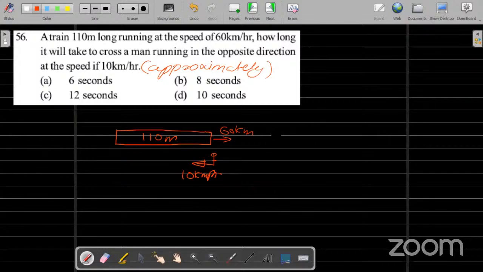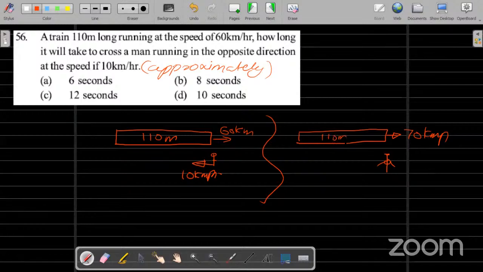Since those two are moving in the opposite direction, the train is moving with 60 plus 10, 70 kilometers per hour, and the person is standing on the platform, made stationary.